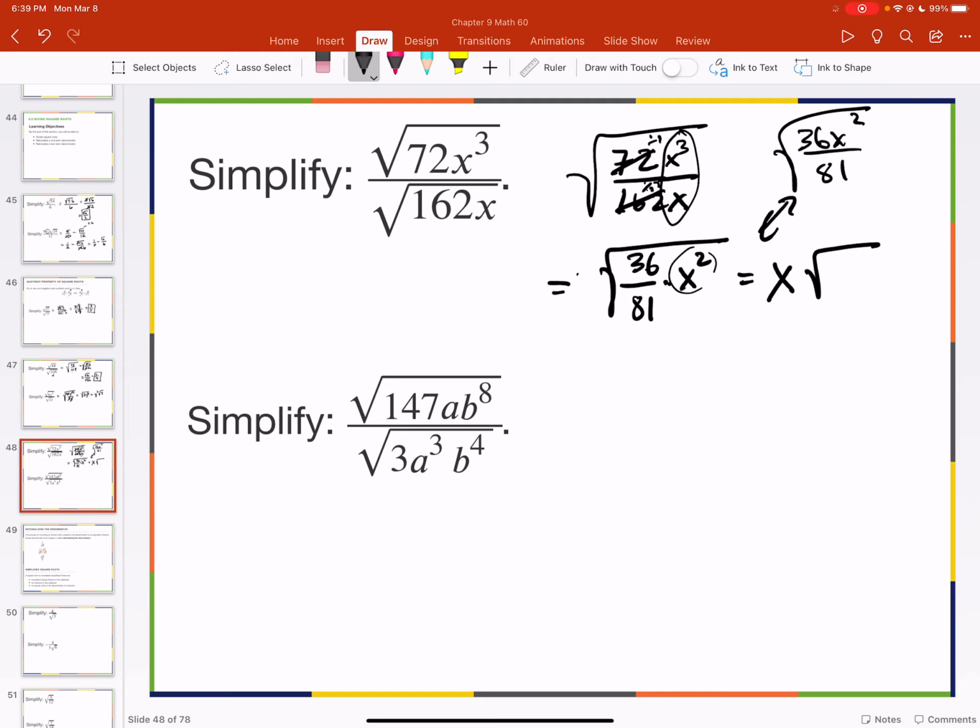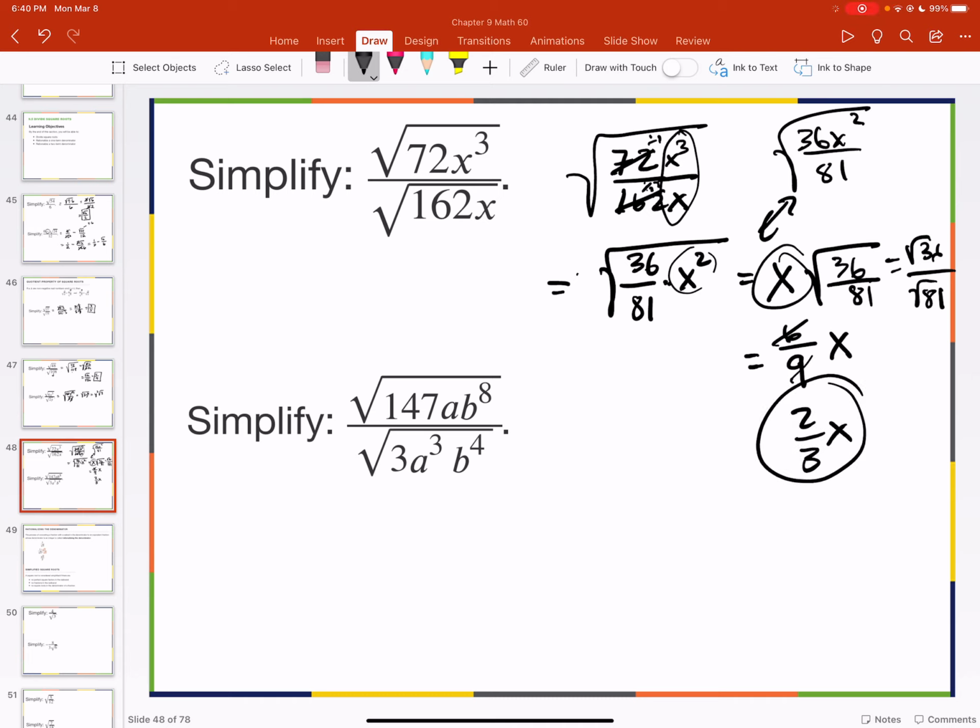And then here you have square root of 36 over square root of 81. That's just 6 over 9. And then don't forget your x. This reduces to 2/3 x.